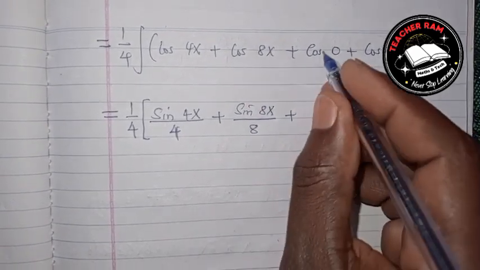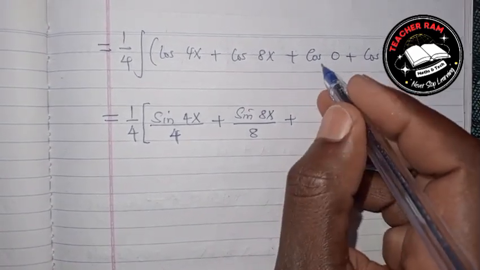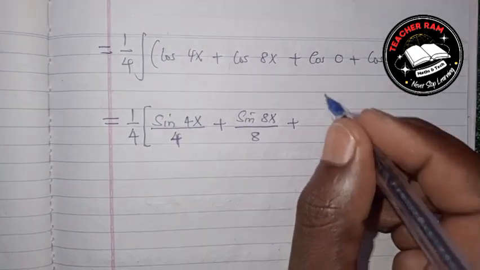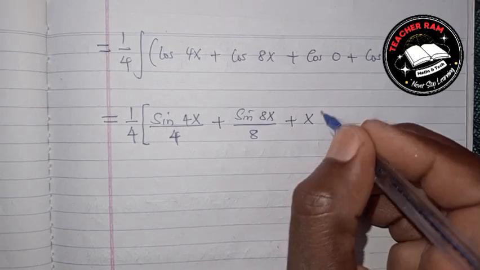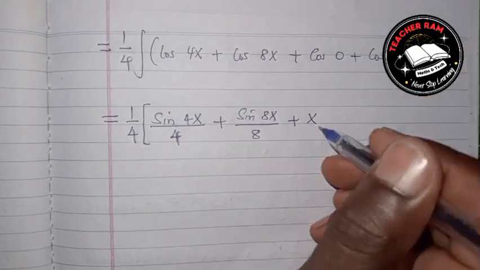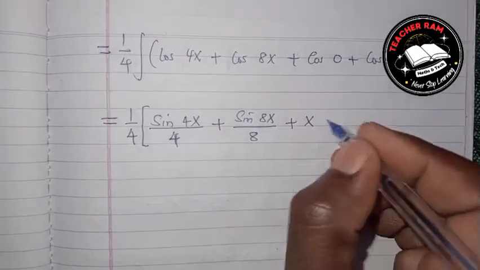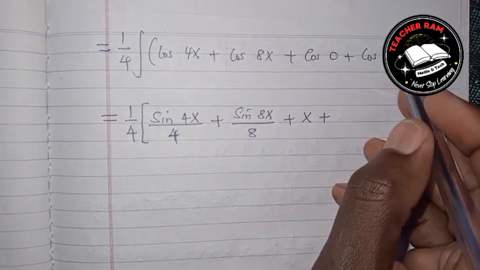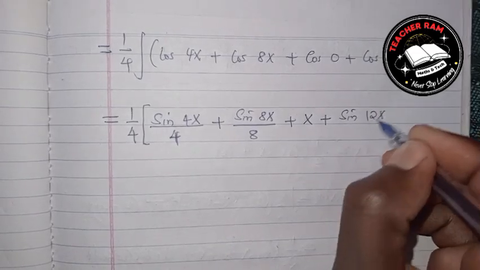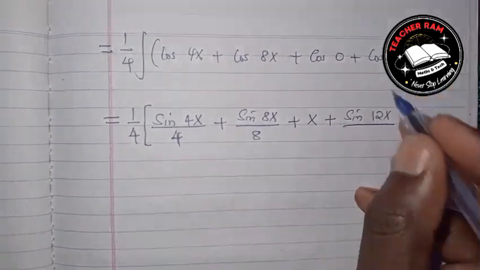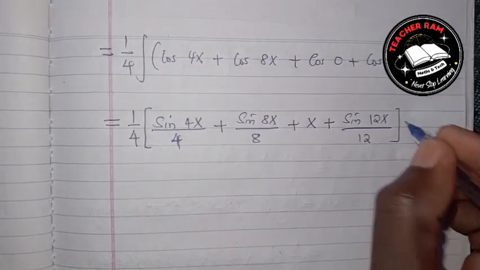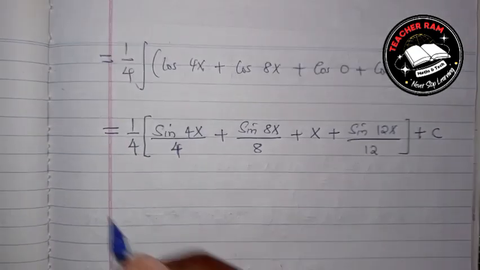Then plus cosine of 0 is equal to 1, so integral of 1 is the same as x, it means that integral of dx is equal to x, then plus integral of cosine of 12x is the same as sine of 12x, then divided by the derivative of that angle, which is equal to 12, closing the bracket, then we add a constant of integration.